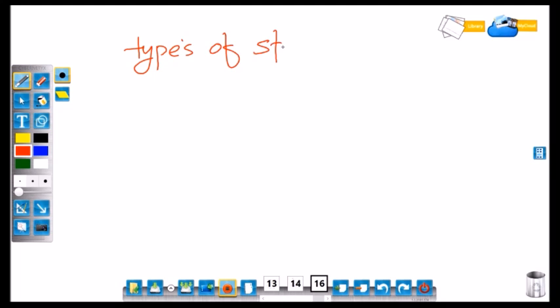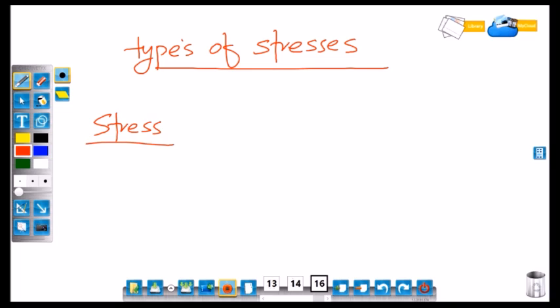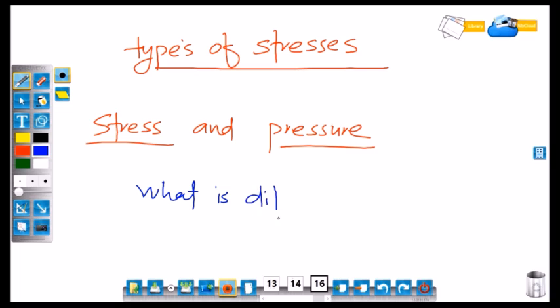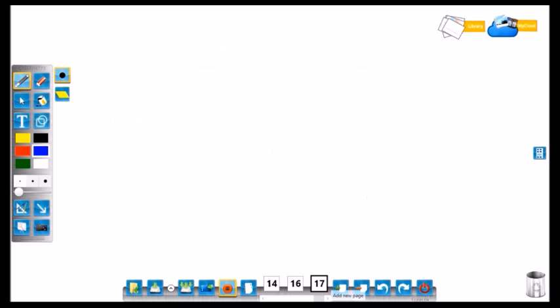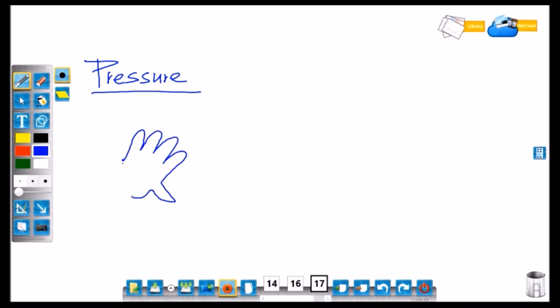So next, types of stress. First of all, we must know about stress and pressure. So what is the difference between stress and pressure? First of all, we are going to see pressure. Let us take an example.